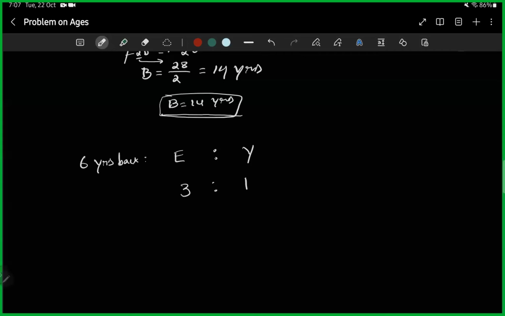3:1. If you look at the question, the difference between their ages is 16. If the difference between their ages is 16, then 16 is a multiple of which number?